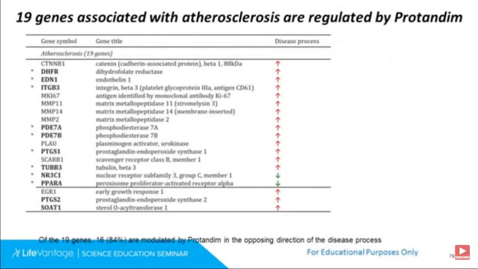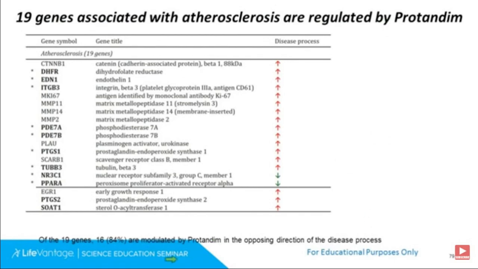Atherosclerosis is the bane of my existence. I deal with it multiple times a day, every day. Atherosclerosis is plaque buildup in the arteries, which leads to heart attack in the heart, stroke in the brain. So there are 19 genes that are associated with atherosclerosis. And this is another one of the genetic studies that was done with Protandim, and it looked at the effect that Protandim had on that.